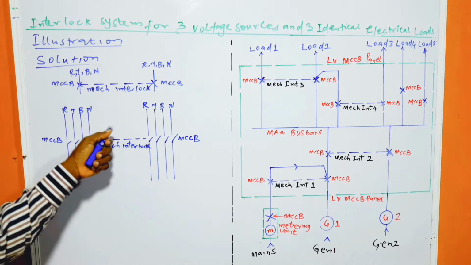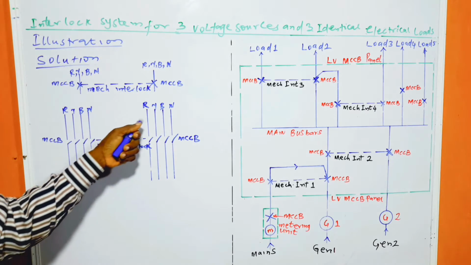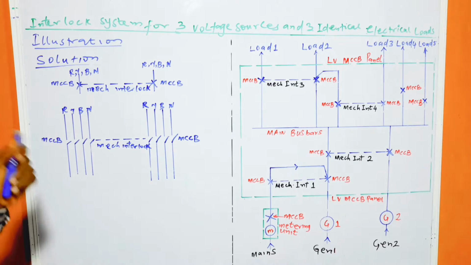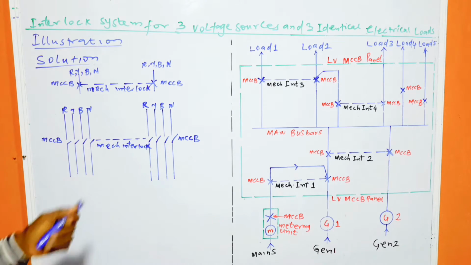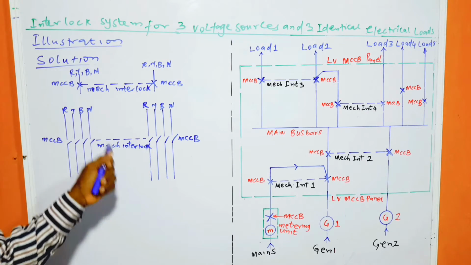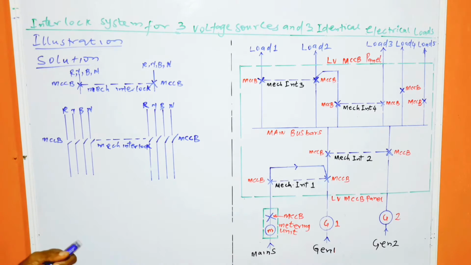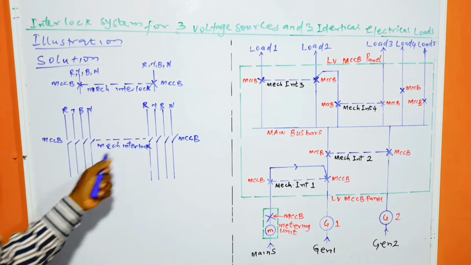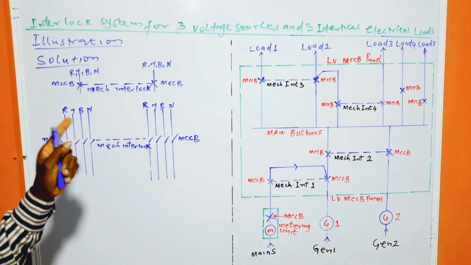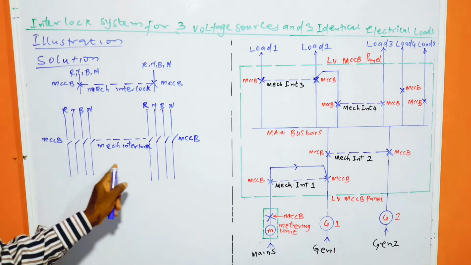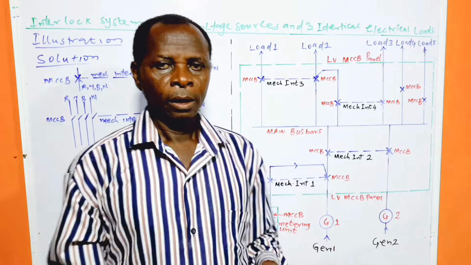And the third stage is when the two circuit breakers are in the off position. None of them is on. A situation where the two circuit breakers are switched on at the same time does not arise. It is forbidden. They are interconnected in such a way that only one can be switched on at a time, while the two can be switched off at the same time.